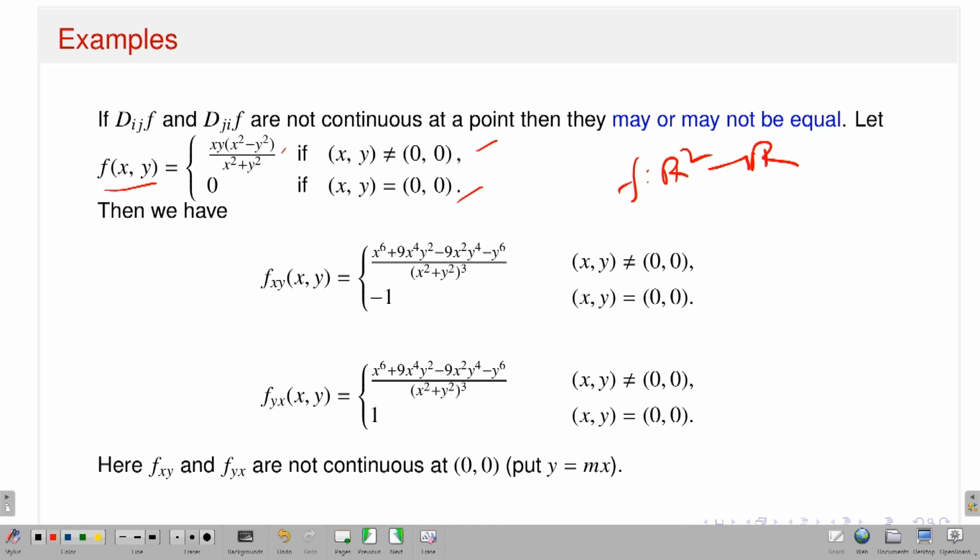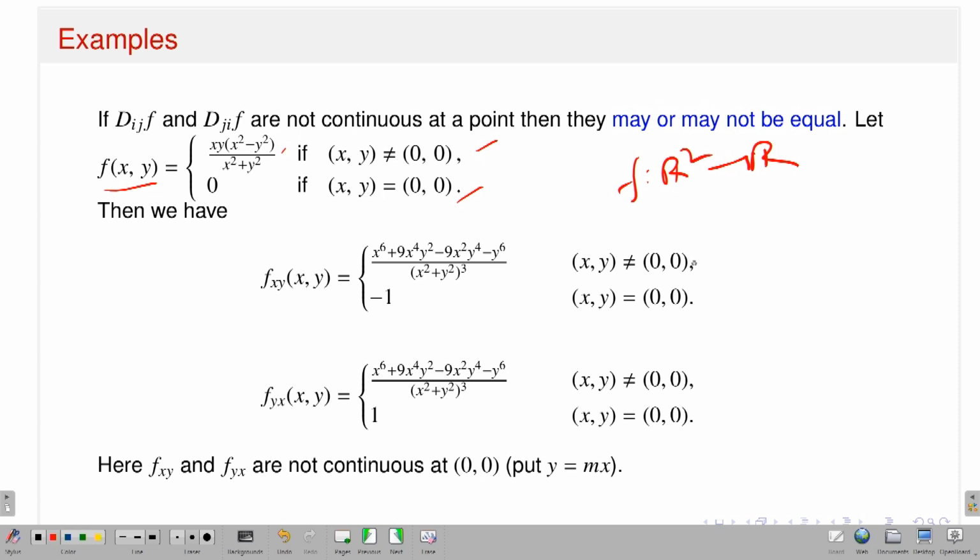If the point xy is non-zero, it is a quotient of two polynomials, so you can easily calculate the partial derivative of f with respect to x and with respect to y. Suppose I want to calculate the partial derivative of f with respect to x, what you have to do? You think about y as constant, think about the function of the x variable and just perform the derivative. So if xy is non-zero, you can easily calculate this part. The only part you have to calculate by definition is at the point 0, 0, the breaking point.